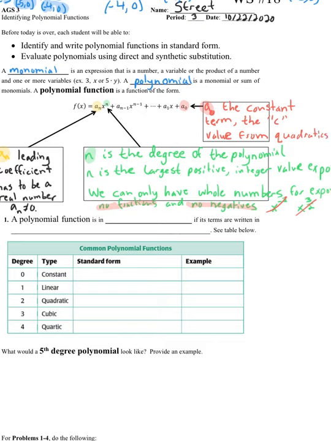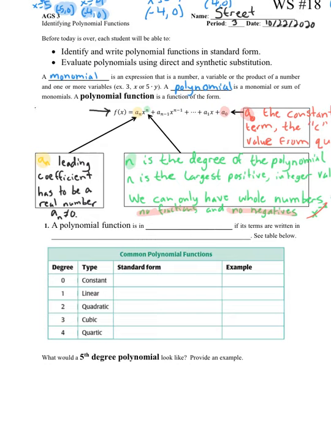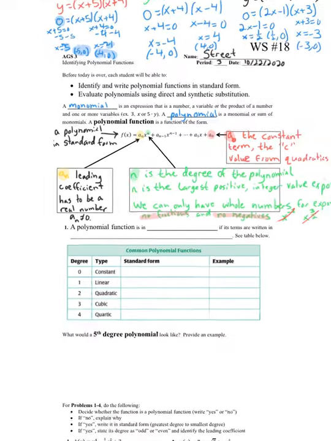All right. So just to note, this equation is just representing a polynomial in standard form. It's not in factored form, it's not in vertex form. This is just the equation for a polynomial in standard form.